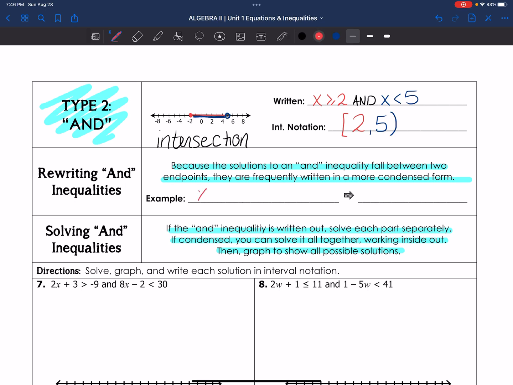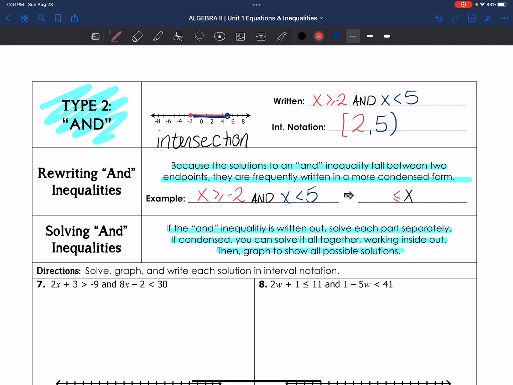How could we say x greater than or equal to negative 2 and x less than 5? How can we join that together? Well, ladies and gentlemen, we do like this. We say x has to be between, and then what's the smallest value?